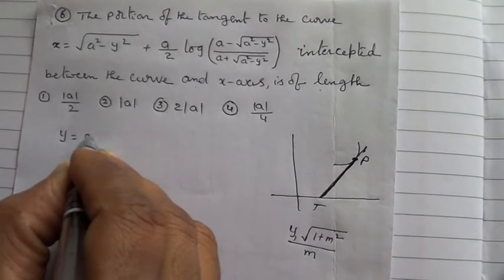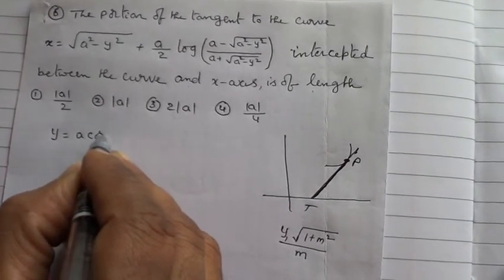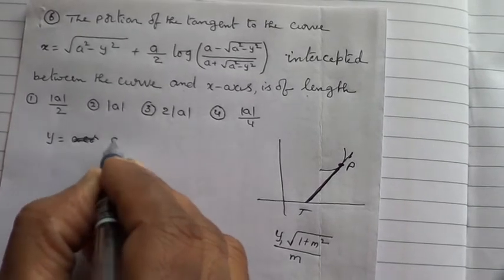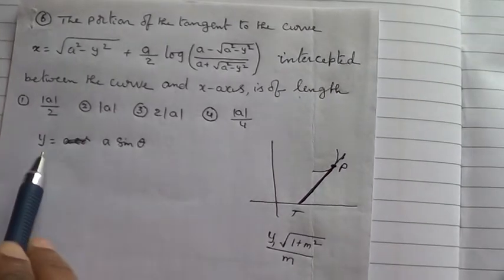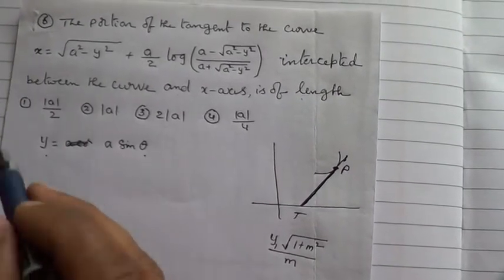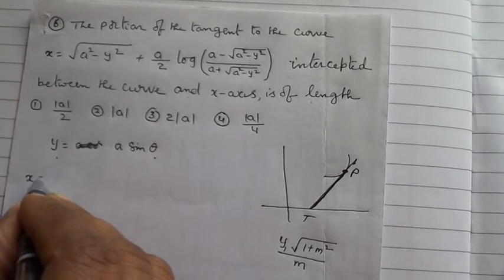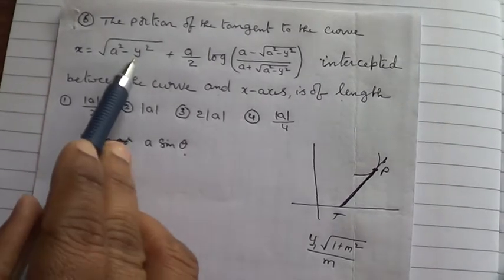I am taking y is equal to a into sin theta. What I am taking? y is equal to a sin theta. Then how does x change?